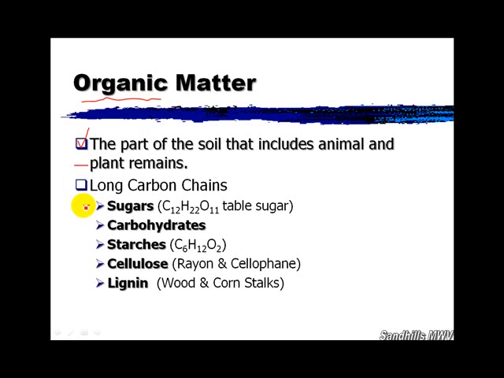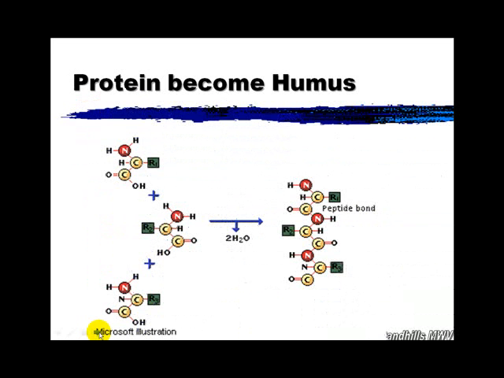So sugar, carbohydrates, starches, cellulose, very long fibers of sugar that you would be familiar with from cellophane or rayon, and then lignin or wood or corn, so very much harder stuff to decompose, and we'll talk about lignin and the decomposition process as we move forward.